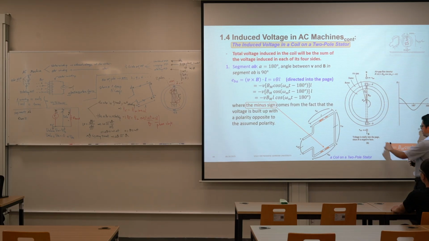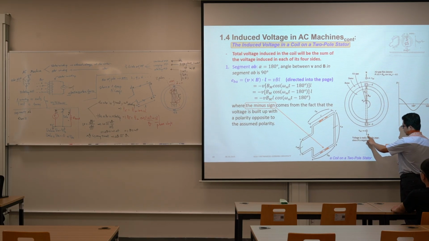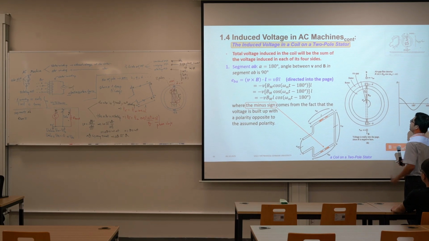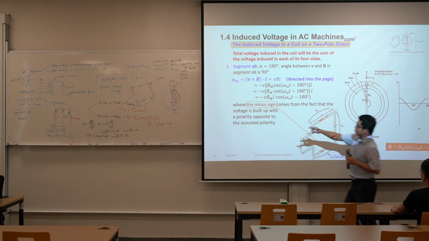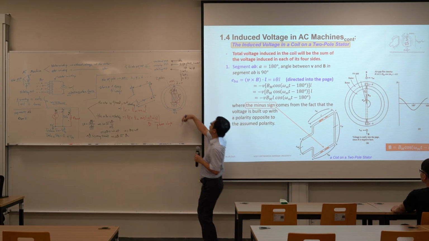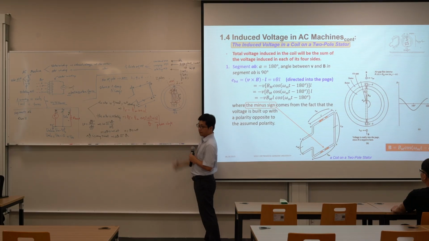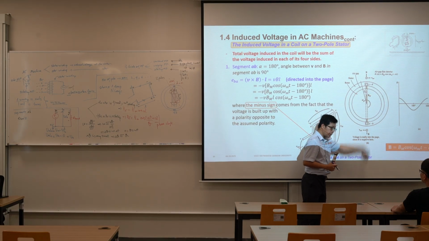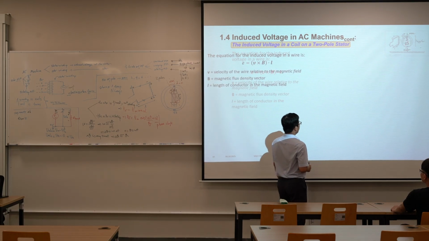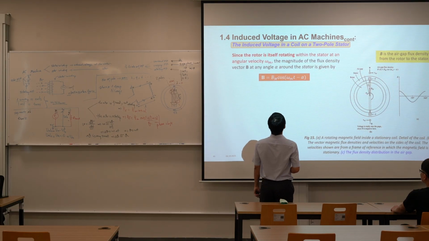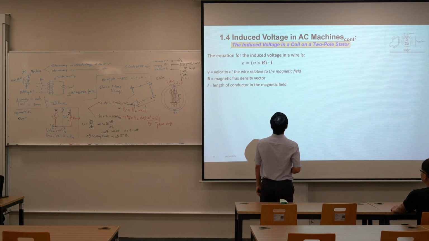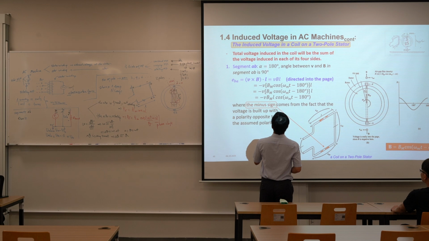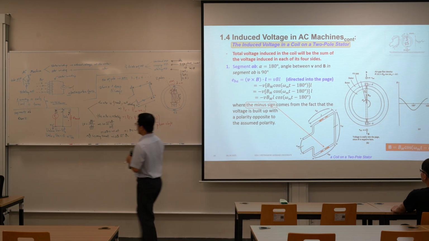This one is not the magnetic field direction, because here upward direction is BR. So now, since this is going down, we have the formula here.